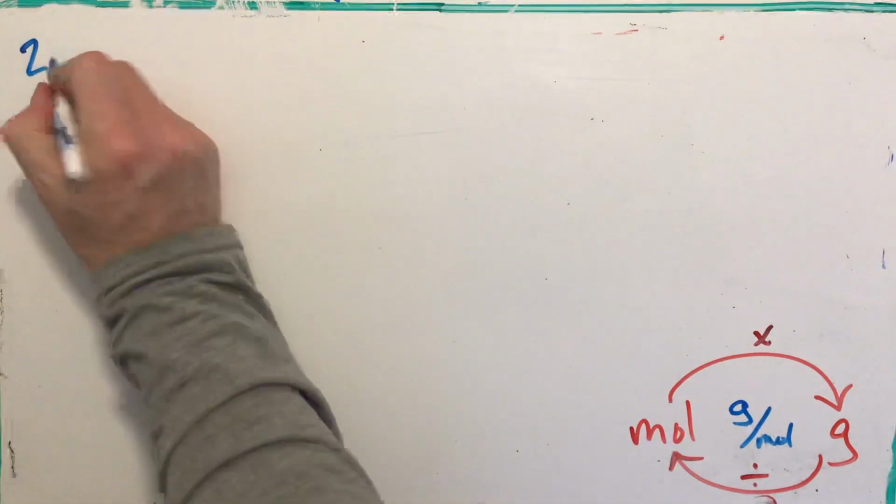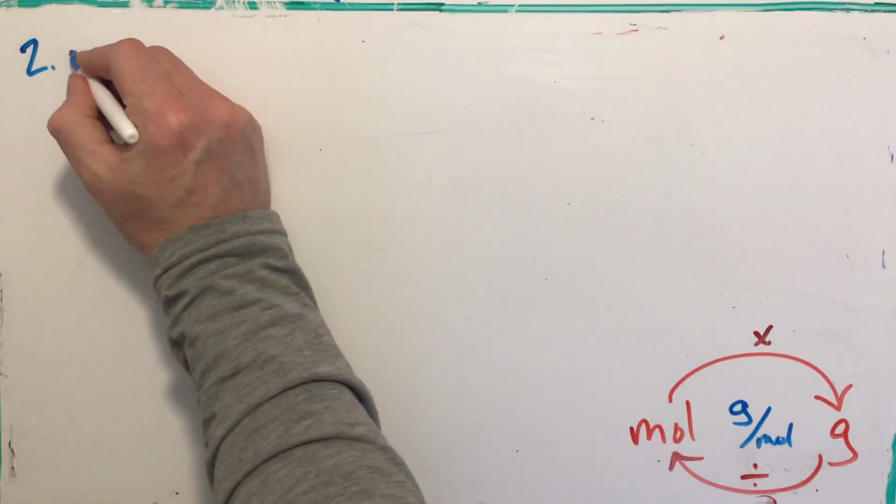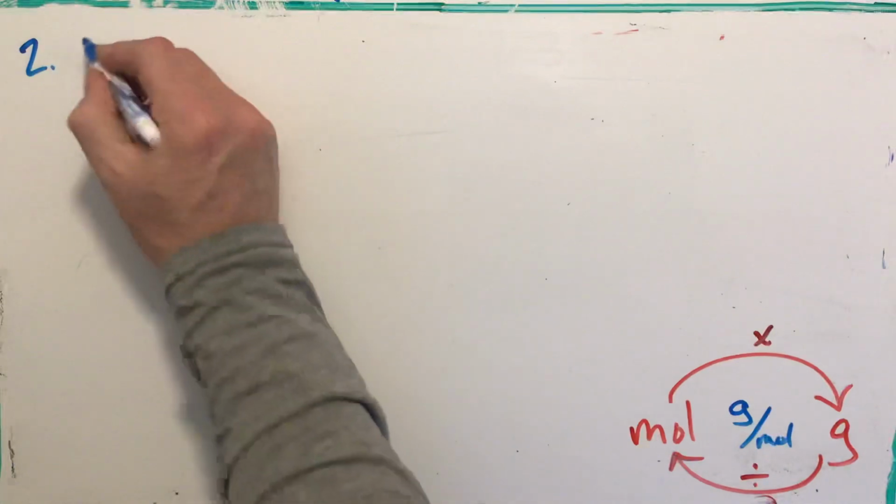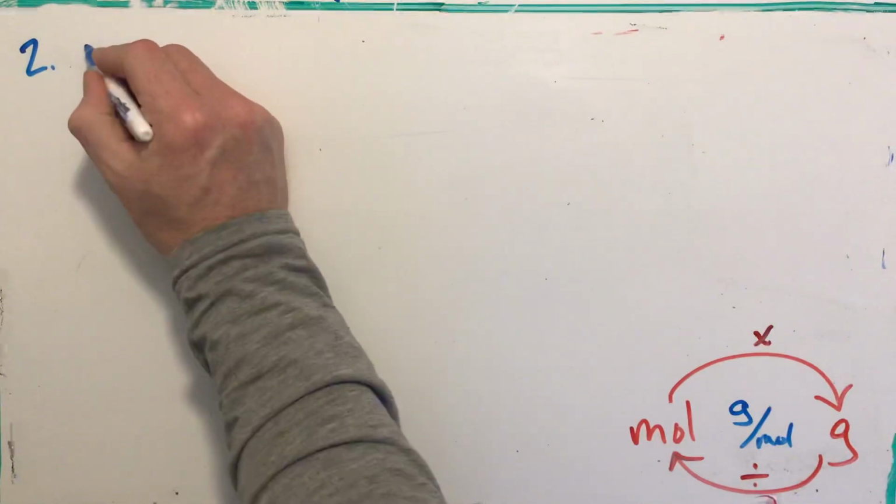Example 2. We just went moles to mass. Let's go backwards.